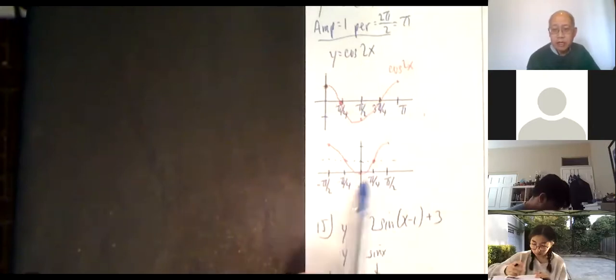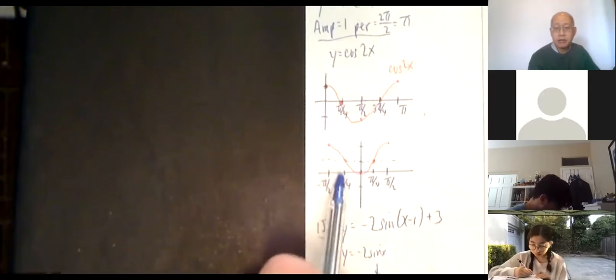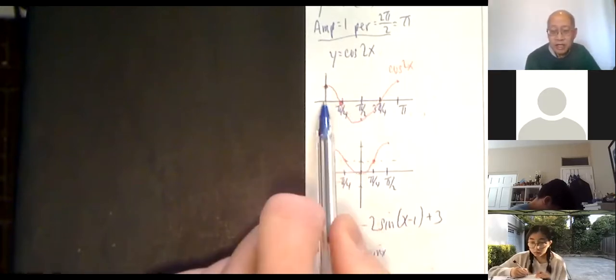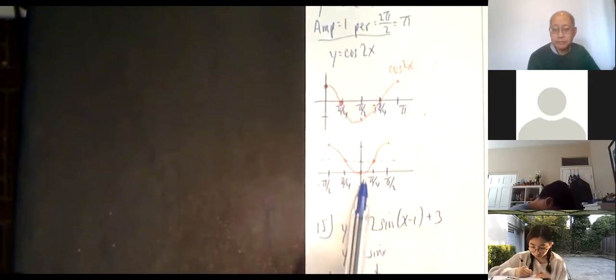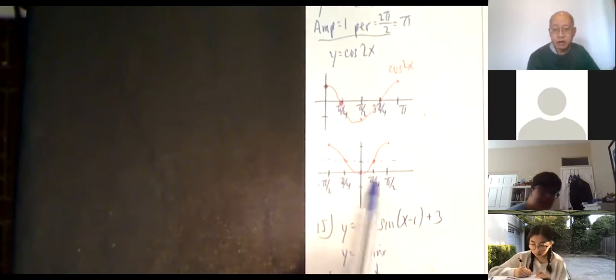If I move this to the left pi over 2, that lands me right over there. So I finish at pi over 2. And I go mark, mark, mark, mark here. These are still counting by pi over 4s. Okay, and maybe an easy way to think of it is pi over 2. If I move that to the left pi over 2, I'm at 0. And then what's halfway here? Negative pi over 4. What's halfway here? Positive pi over 4.